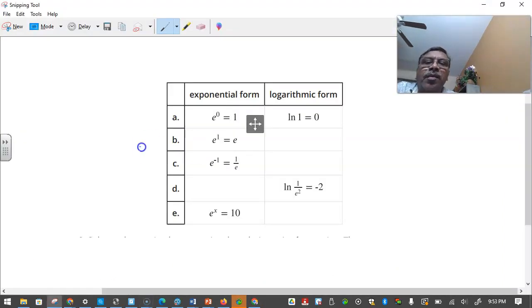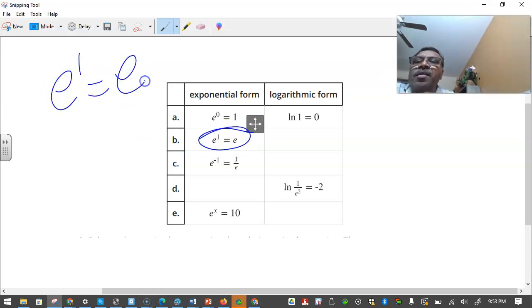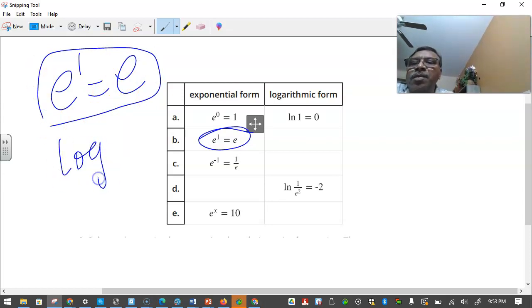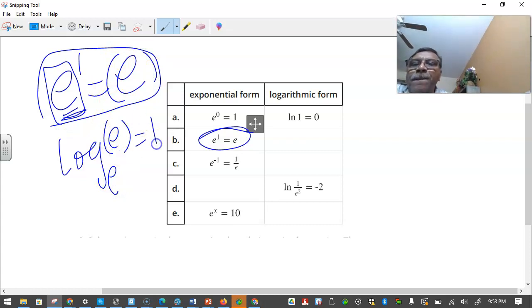The next one is this one, e raised to 1. e raised to 1 is e, because anything raised to 1 gives back the same thing. When you put it in logarithm form, the base goes down, and the exponent goes here, so the answer is 1. So we write ln of e is 1, because the base used is e.